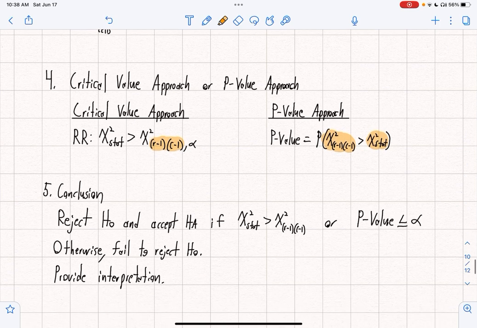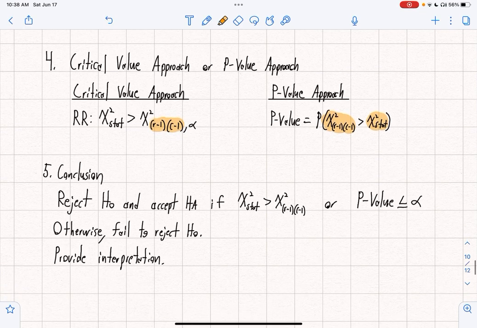Our conclusion: we will reject the null and accept the alternative if our chi-squared stat exceeds our critical value, which is chi-squared r minus 1, c minus 1, and I should probably write alpha here. Or if our p-value is less than or equal to alpha.